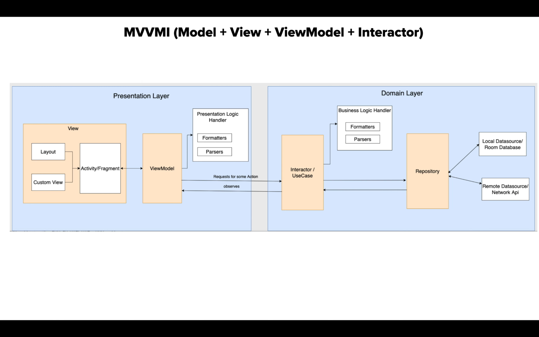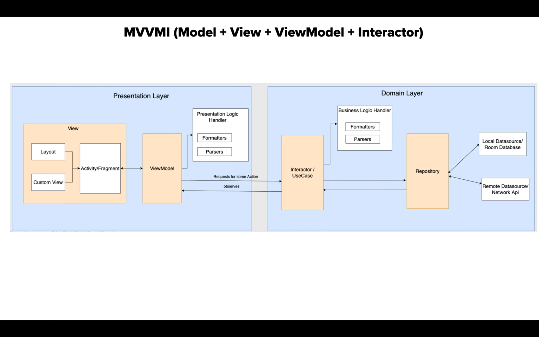So what is the disadvantage of MVVMI? One major disadvantage I found is that there are only 20 or 30% of scenarios where I need the interactor, where the business logic is complex or we need to write business logic. But in normal scenarios it's not required.